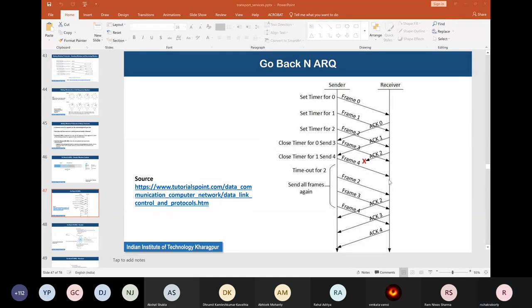Maybe their acknowledgements are taking some time to reach the sender, but they will come back eventually. But the main thing is the receiver might have received them. Unfortunately, the sender has no way of knowing what happened with 3 and 4. It only knows something bad happened with 2, but it does not know what happened with 3 and 4.